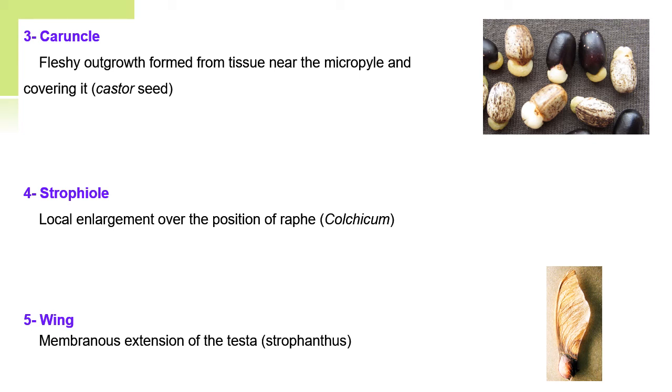The strophiole is a local enlargement over the raphe, an outgrowth from the raphe, as in colchicum. Wing is a membranous extension of the testa, any part of the testa, in the form of a wing, as in strophanthus.